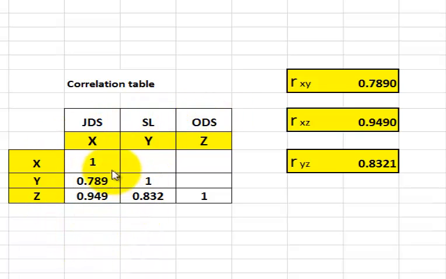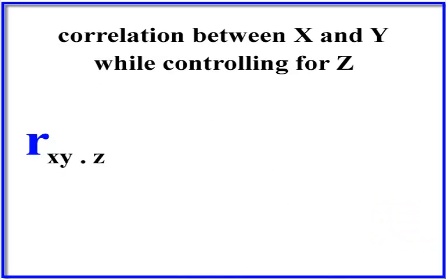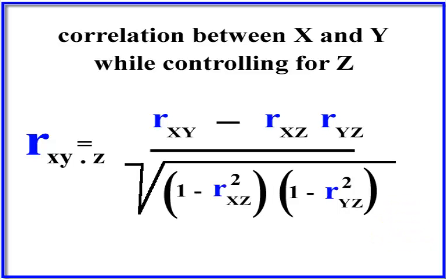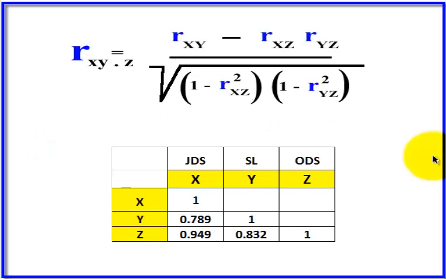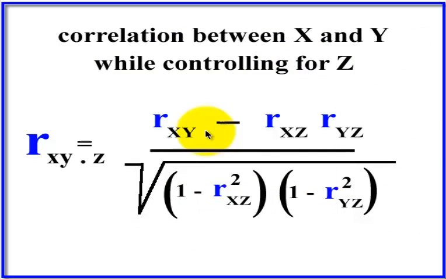The only reason we're going to use that is to fill in the blanks in this ginormous formula. This is the correlation of X and Y, X and Z, Y and Z, etc. And we have all that data from the table. So we're simply going to substitute the values.